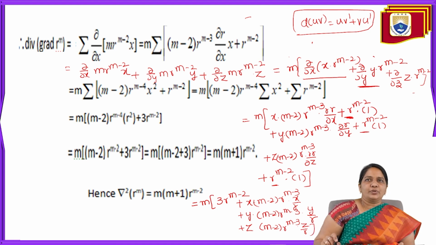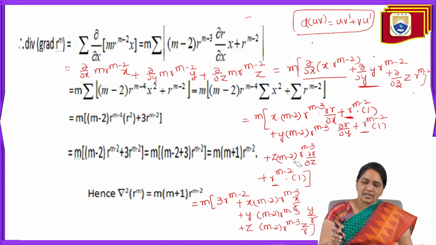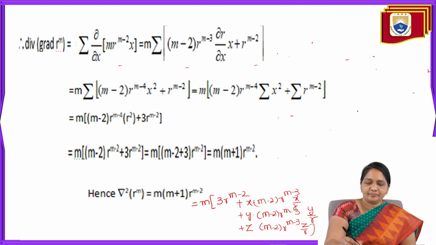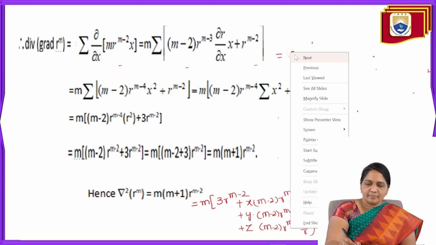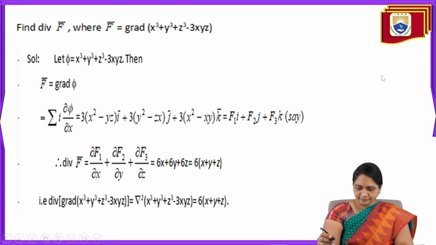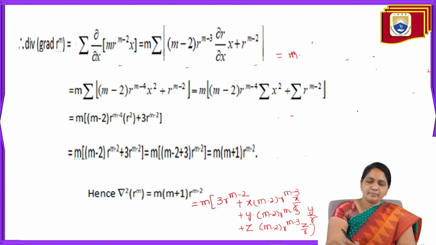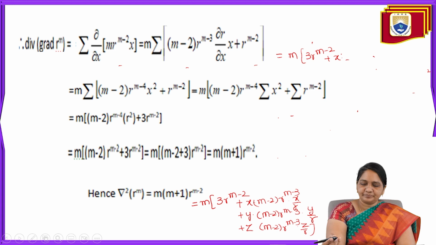Now I am writing this step here: m into 3 into r power m minus 2, plus x and x, one more x is there.